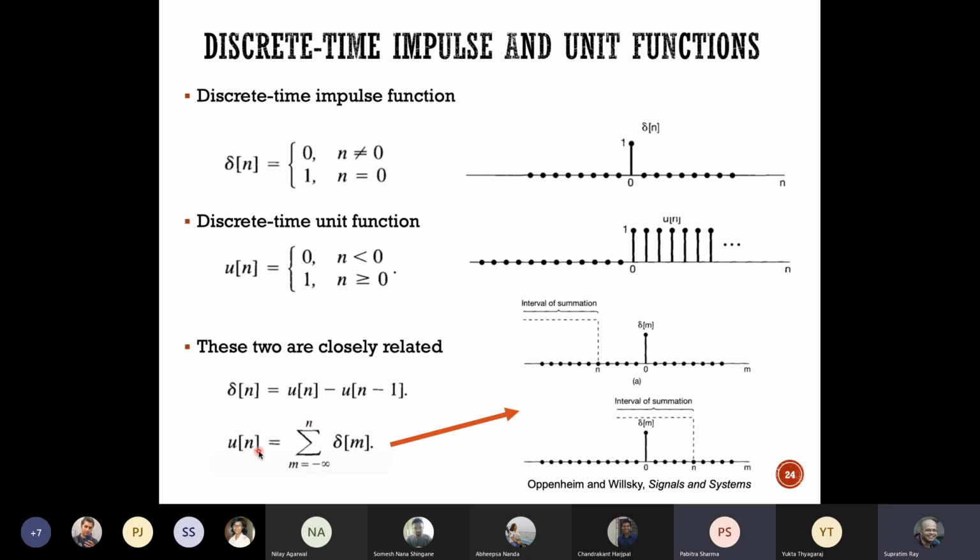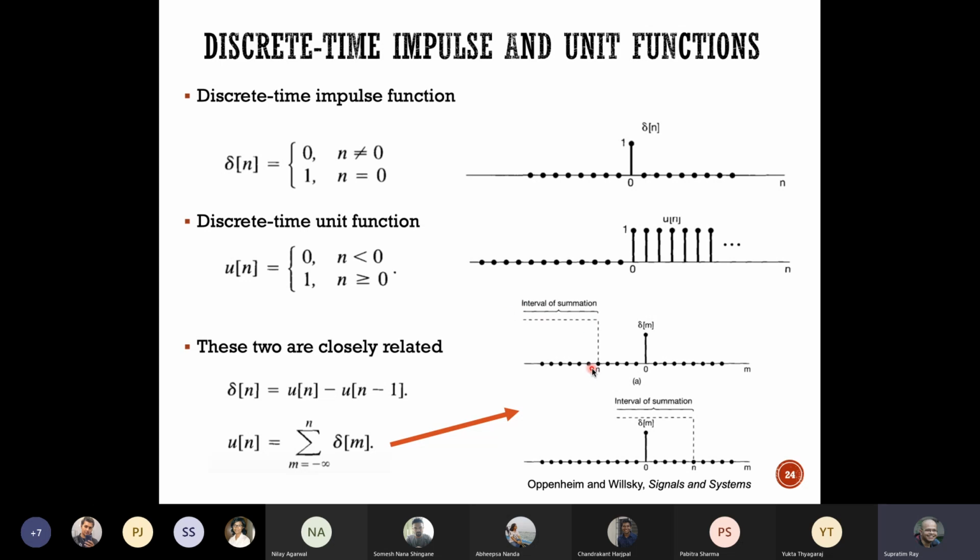So basically we're just shifting the delta and adding them for u[n], right? You're not shifting the delta, you're actually looking at the samples of the delta function, and delta[m] is this whole thing, and here you can think of it, you're adding the samples from minus infinity to some number. If that number is less than 0, then I am just catching the zeros. So the summation of this is just 0.